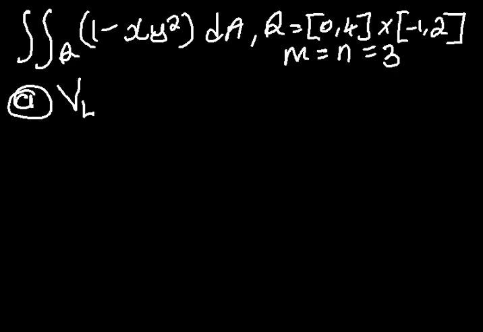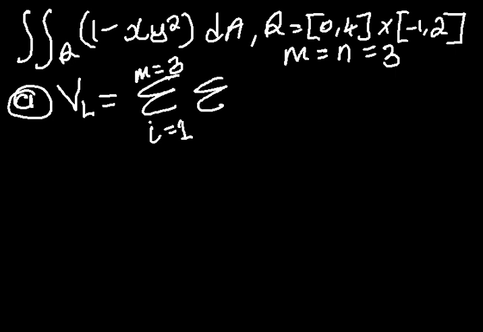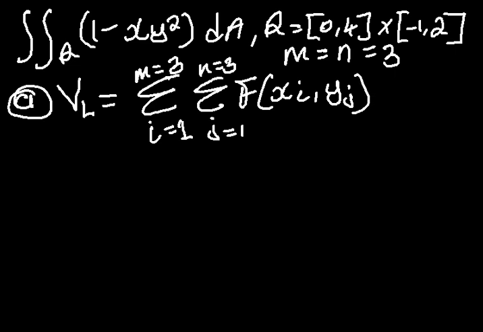So have it as V subscript L, and that will be given as the summation of the sample points along x, from i equals 1 to 3, and also the summation along y, with j starting from 1 to n, given as 3, of the function of xi, meaning the x values will be varying, and also yj, meaning the y values will be varying, times dA. So that is the formula.